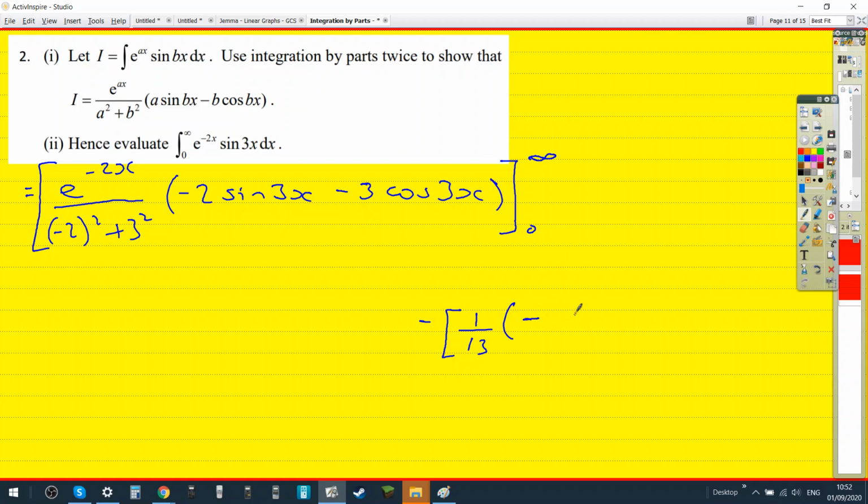So the first bit would just be 0 and then minus 3 because cos 0 is 1, sorry. So plus 3 over 13. So whatever we get when we sub in infinity, you don't happen to have an infinity button on your calculator, do you?